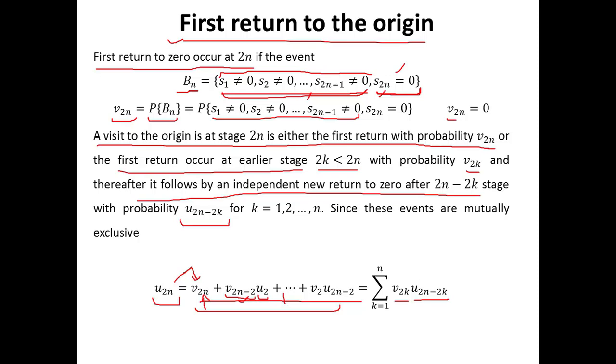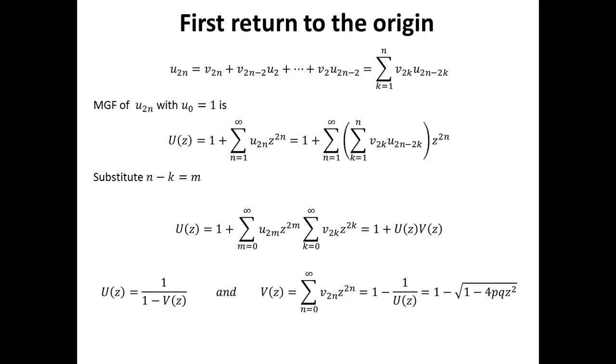One more time, u2n is the probability that the particle returns to 0 after the 2nth trial, meaning that before that, whether the particle reached the origin at some earlier trial is not given, but v2n is the probability of returning to 0 for the first time. So by using this v2n and the u2k's, we can determine u2n by this expression.